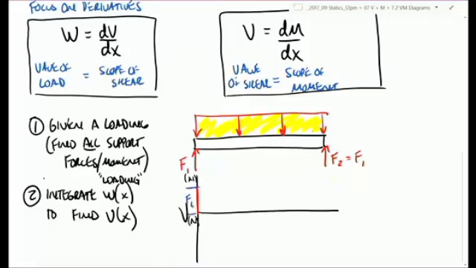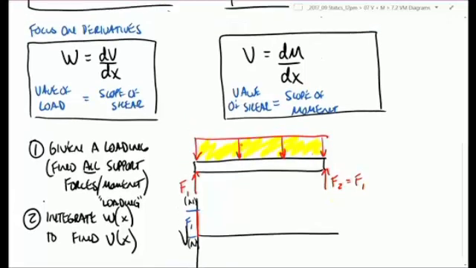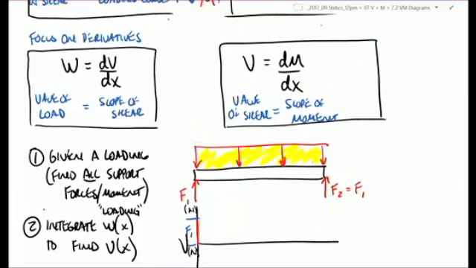And so this would be a change in my shear of F1 because of that concentrated load pushing up a magnitude of F1. And then if we take a look at the effect of that distributed load on the shear, we have this other equation that tells us that the slope of the shear is the value of the load. Okay, and so the slope of the shear, is it going to be constant or changing? Constant. Is it going to be positive or negative?